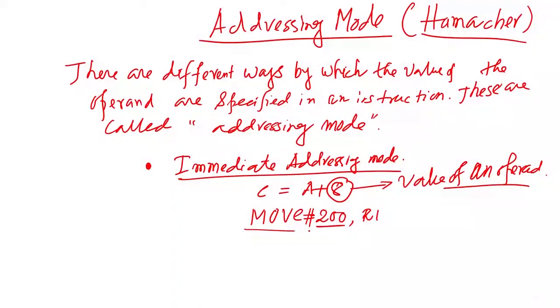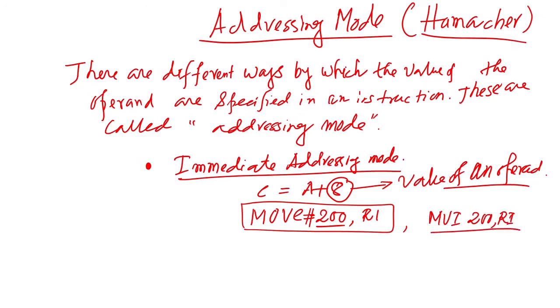This is an example of immediate addressing mode. Sometimes we write MVI to indicate the immediate addressing mode, for example 200 to R1. We can also write ADD A, 8: whatever value is in A is added with 8 and then stored into A. This is an example of immediate addressing mode.